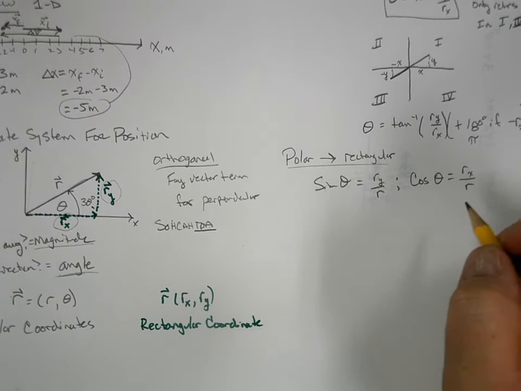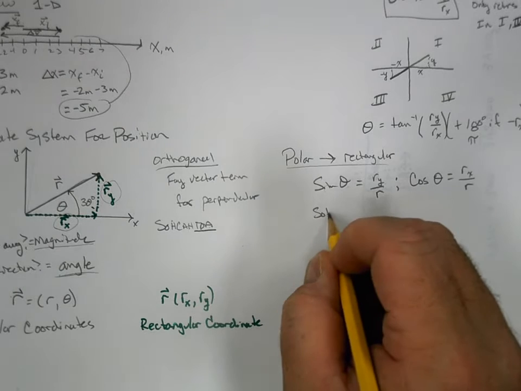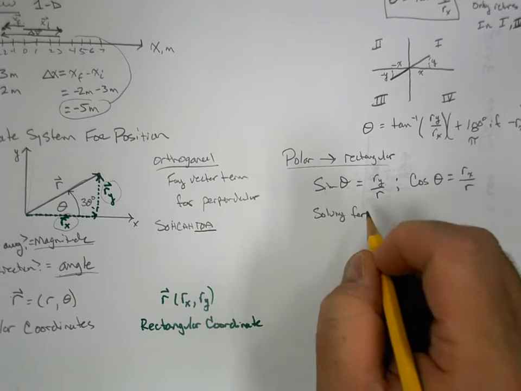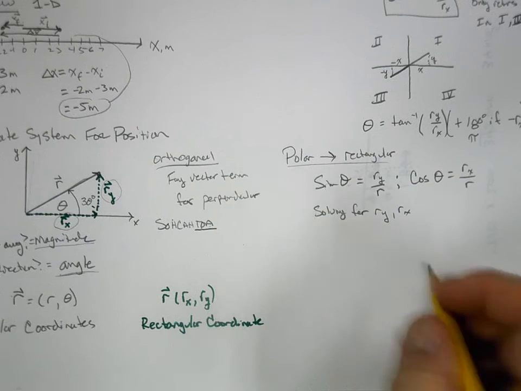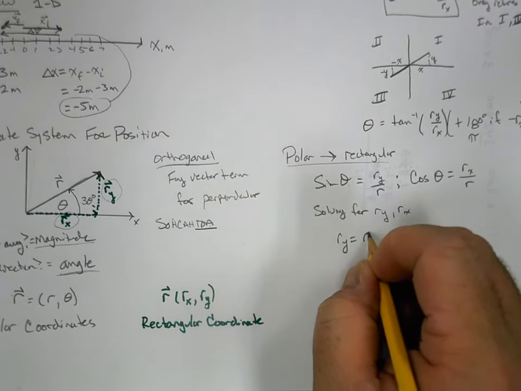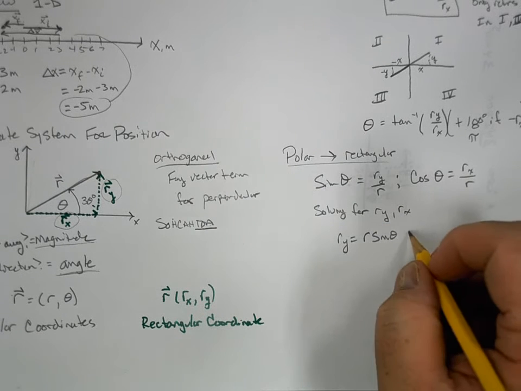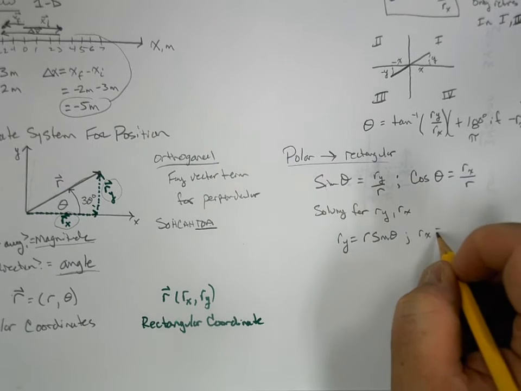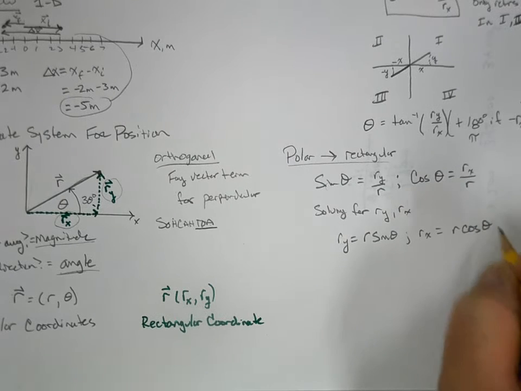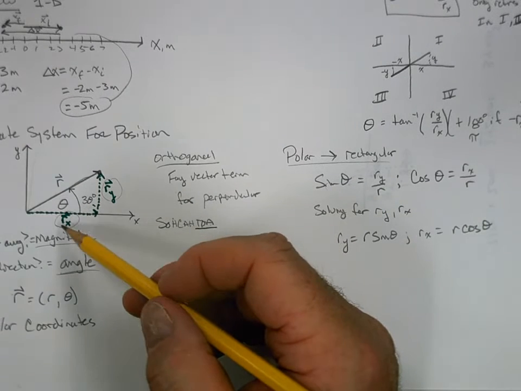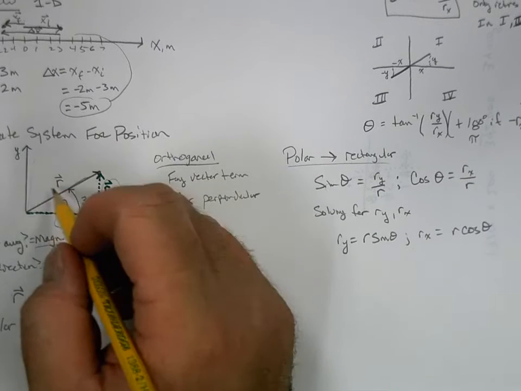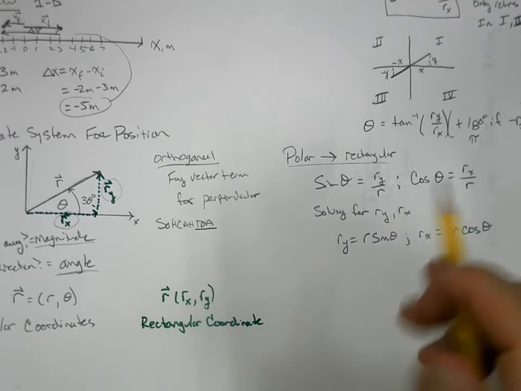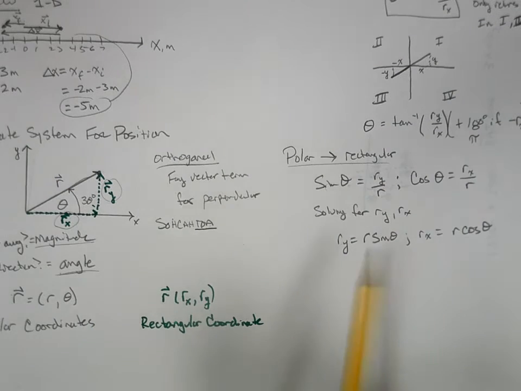So if we're solving for ry and rx, we get ry equals r sine theta, and rx equals r cosine theta, still assuming that theta is this reference angle down to the x-axis. If it were the reference angle up to the y-axis, then those would be reversed, but by convention we use the x-axis. So that's what ry and rx equal.